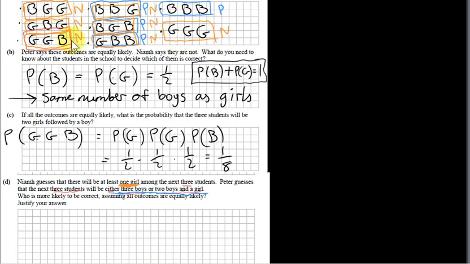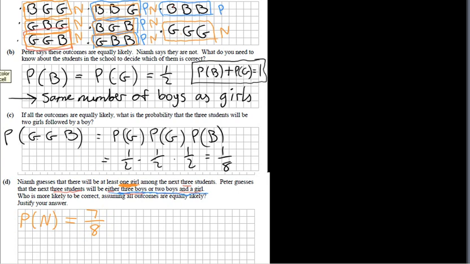Now we can write down the probability that Neve's guess is correct. I'll write that as P of N, where N means Neve's guess. Well, we count the number of favourable outcomes for Neve. It's 1, 2, 3, 4, 5, 6, 7, and we put that over the total number of outcomes, which is 8.